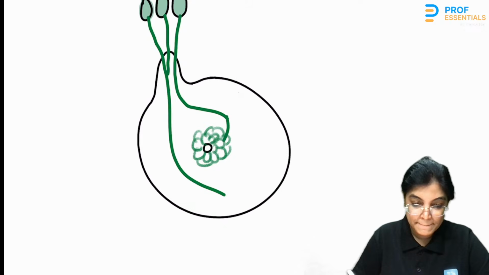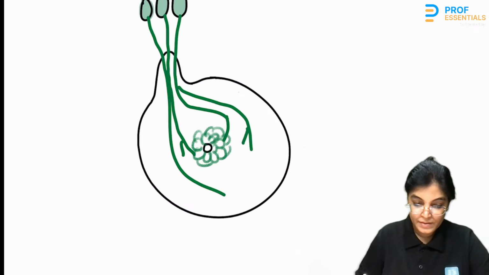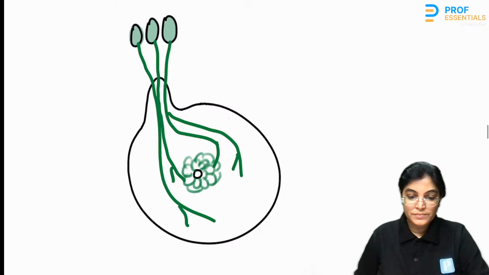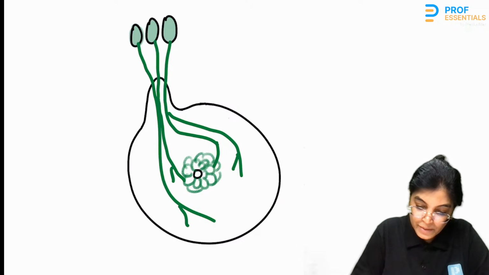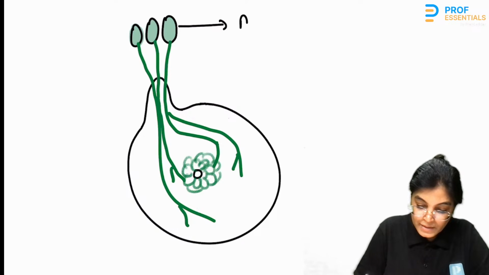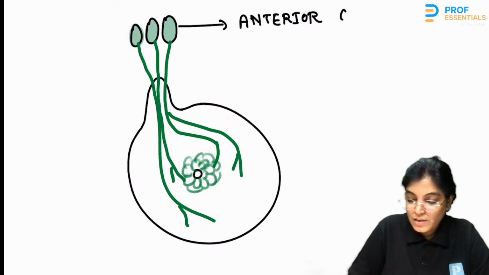As you can see here. So actually, let's label it. This is the anterior group of axillary lymph node.